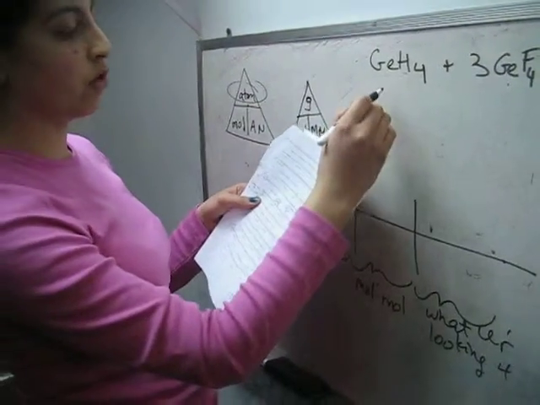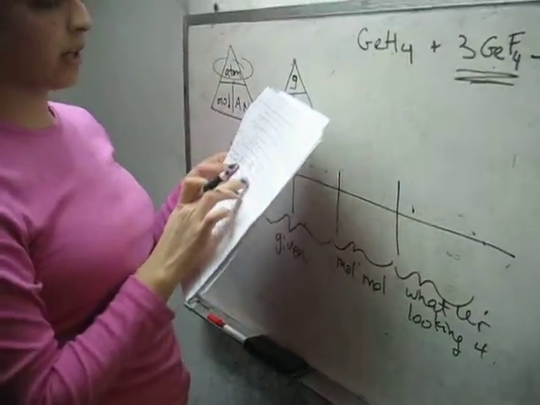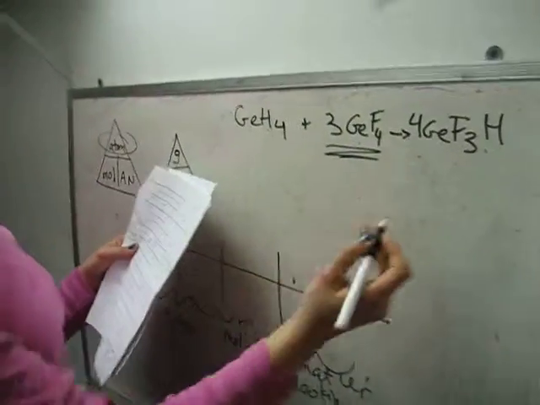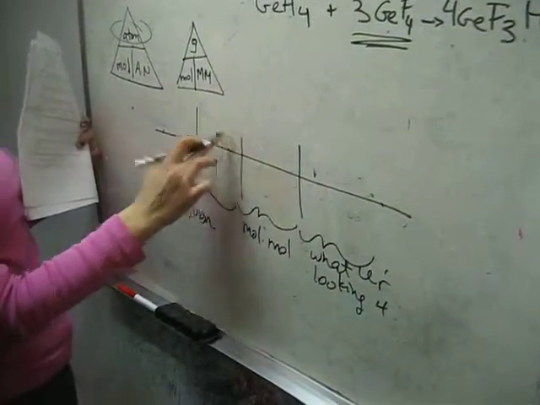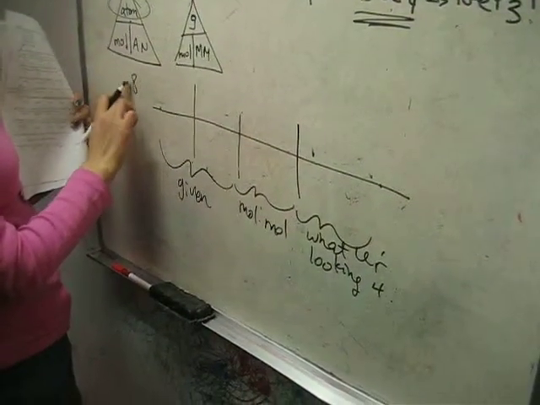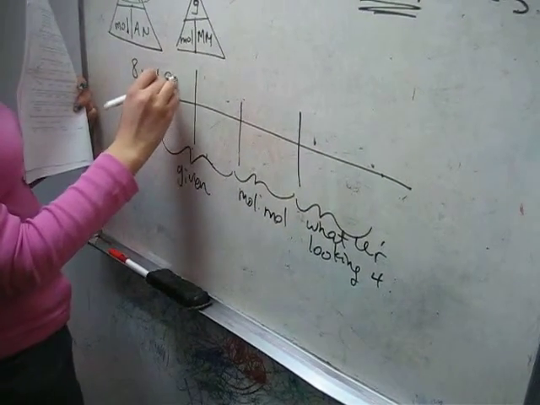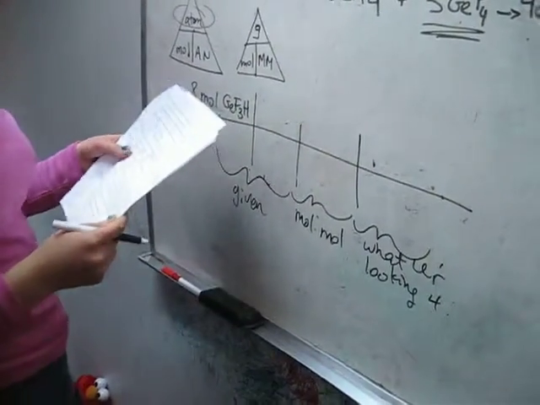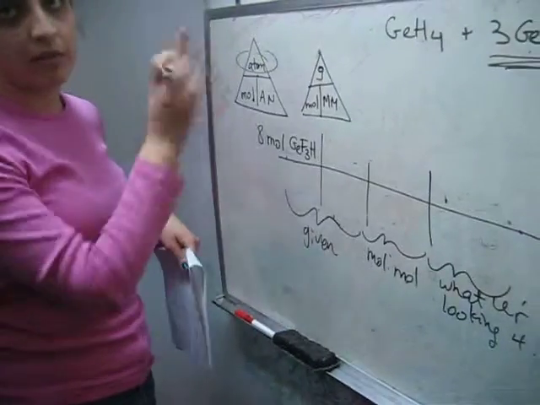So we need moles of GeF4. How many moles are needed to produce 8 moles of GeF3H? So we're given 8 moles of GeF3H. And see, so we're already ahead of the game. We're not given grams, we're given moles.